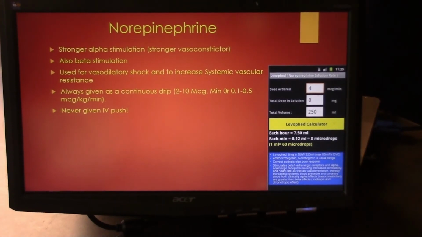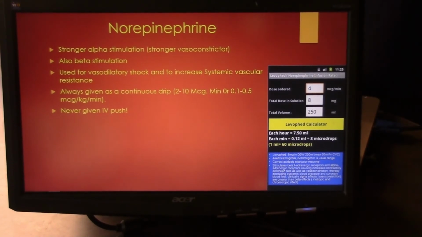Now, norepinephrine is known as Levophed. It has stronger alpha stimulation, so it's a stronger vasoconstrictor. So for someone who's in septic shock or vasodilatory shock, norepinephrine would be a better drug to give as a drip over epinephrine. A pure alpha drug would be neosynephrine.